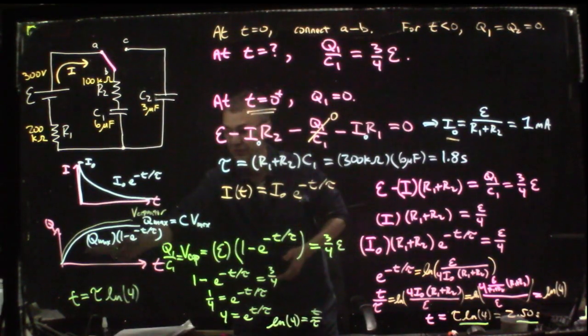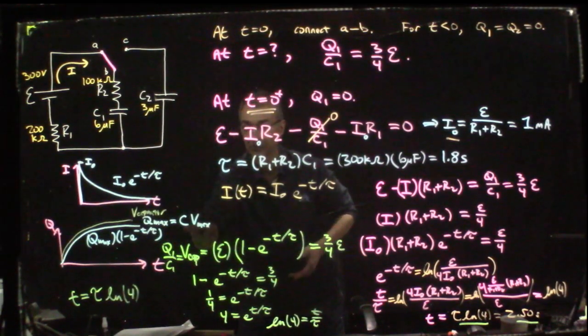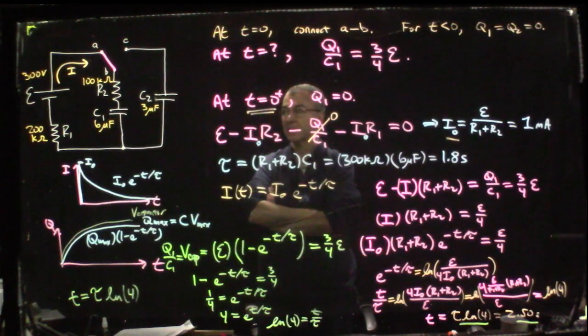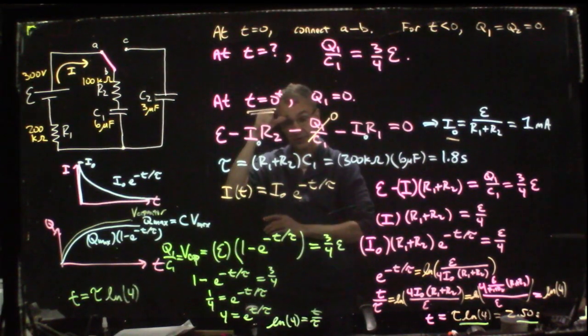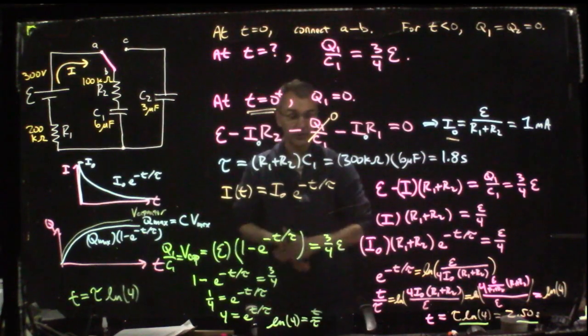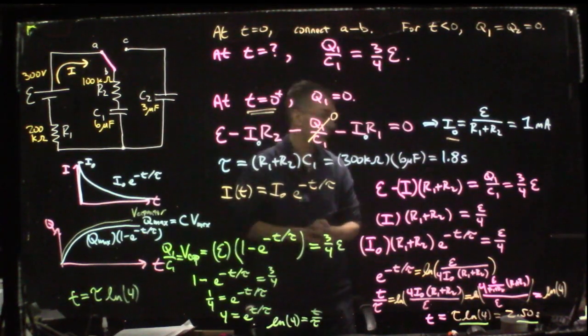The equation sheet lists the form for Q, the charge, but it's the same form for V, the voltage, because they're proportional with the constant of proportionality being the capacitance. Okay, so then you want to know when is it 3/4 of the battery EMF, so that's actually the easy way to do it. The second way we did that was the easy way to do it.